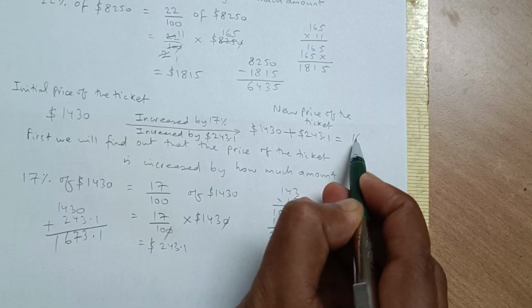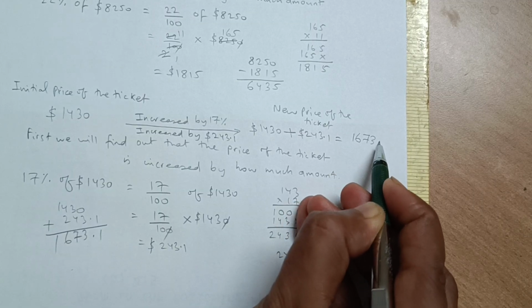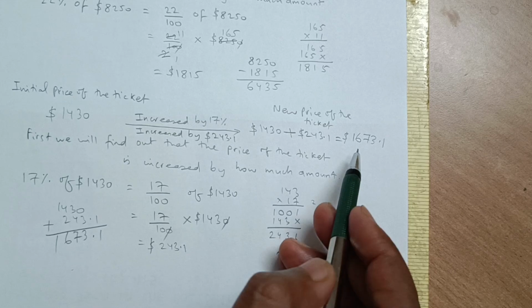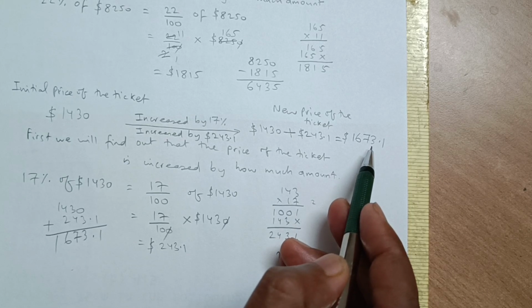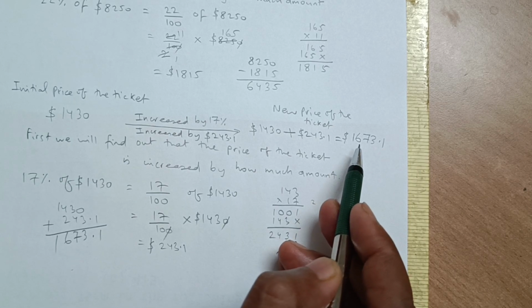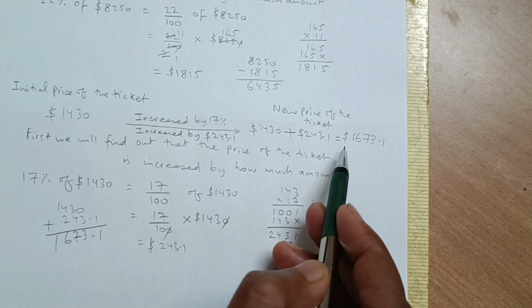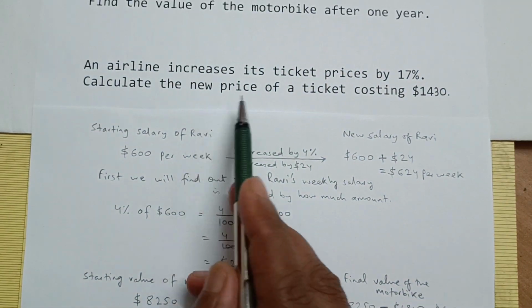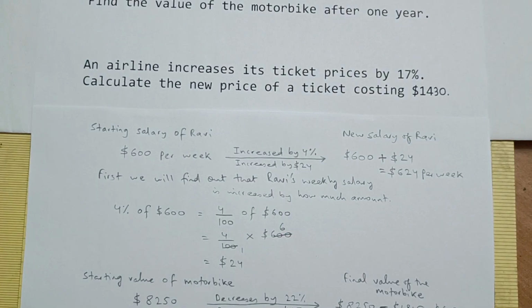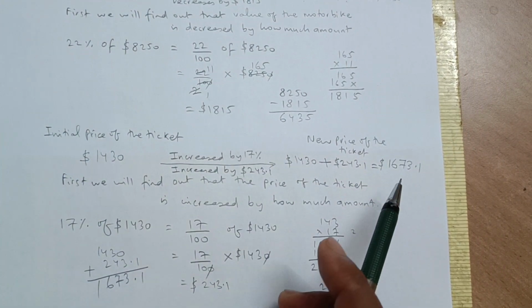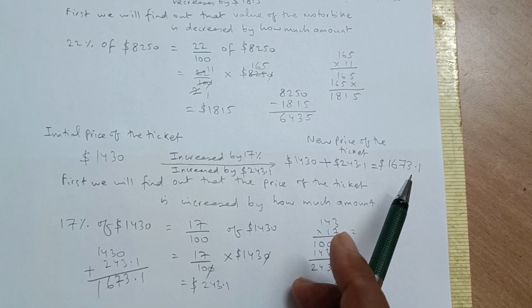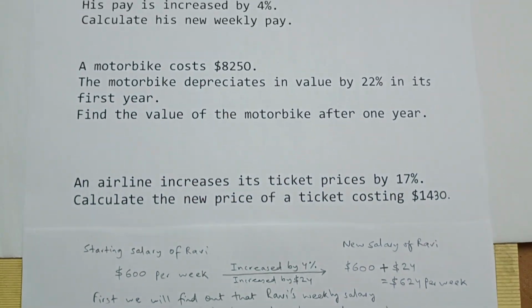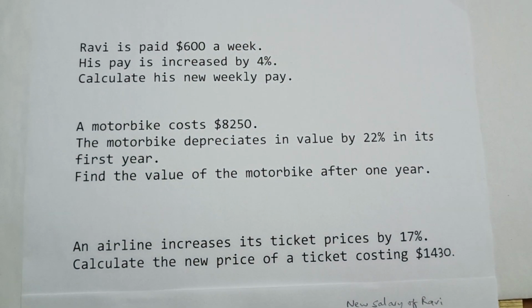So the new price of the ticket is $1673.1. What is the new price of the ticket? Calculate the new price of the ticket. The new price of the ticket is $1673.1. So this is how I have solved these three questions of this question set.